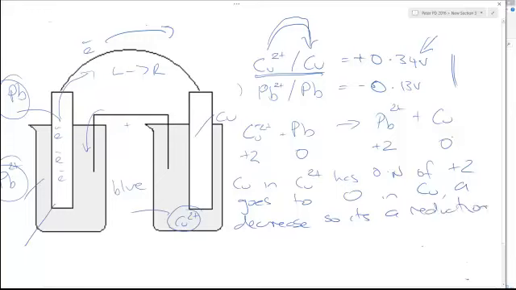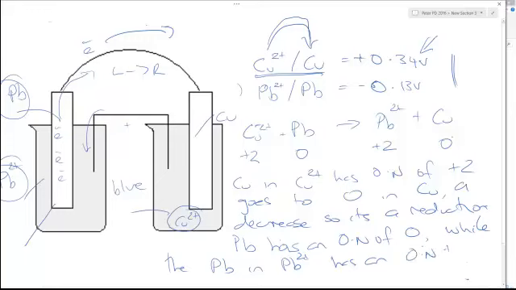And you should be able to say a similar thing about Pb having an oxidation number of 0, while the Pb in Pb2+ is an oxidation number of +2.